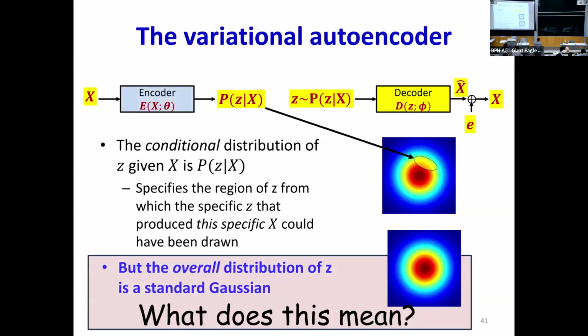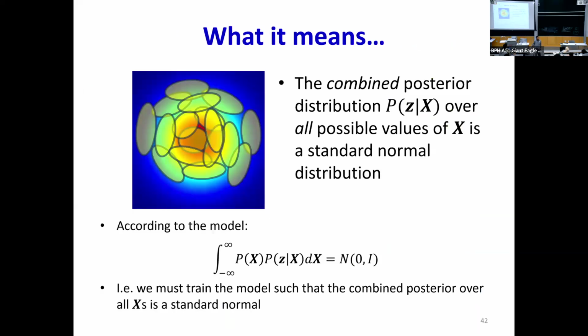And so what does this mean? I know that the conditional distribution of z for any given input can only be a small section of the standard Gaussian. The overall distribution of z across all inputs must be a standard Gaussian, right? The whole thing has to be coupled. So what this means is that if I looked at all of my training data and looked at the conditional distribution of z for all of the training data and integrate this over all of my training data, that result must look like a standard Gaussian.